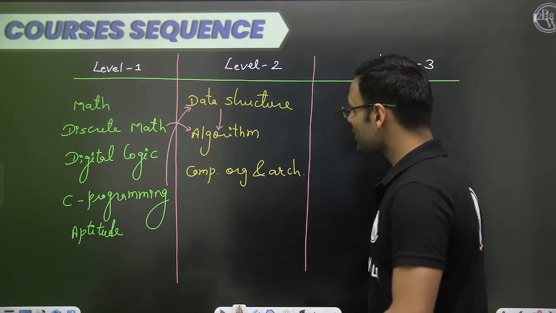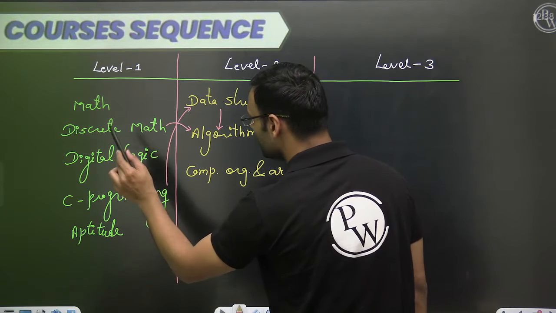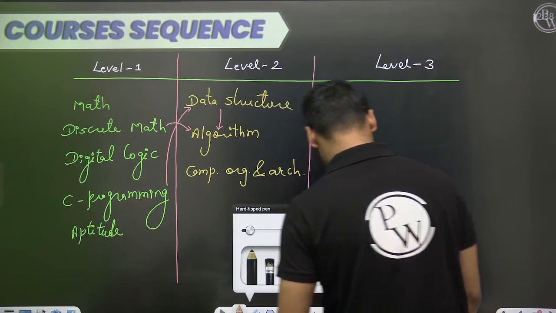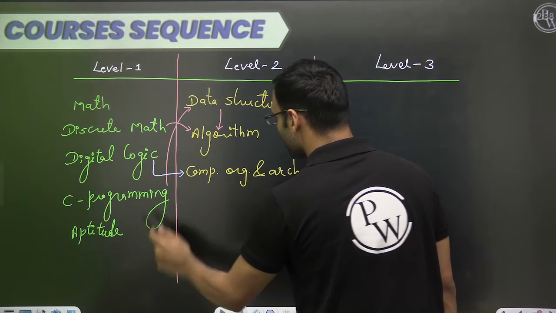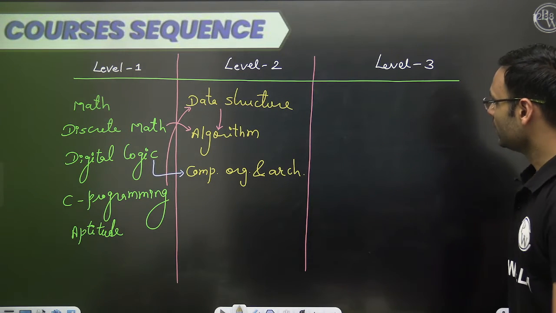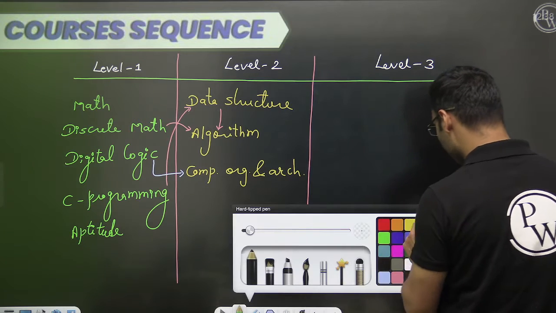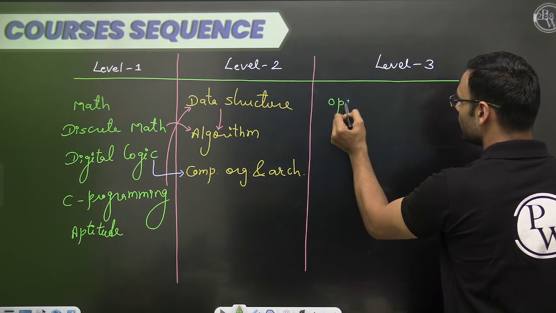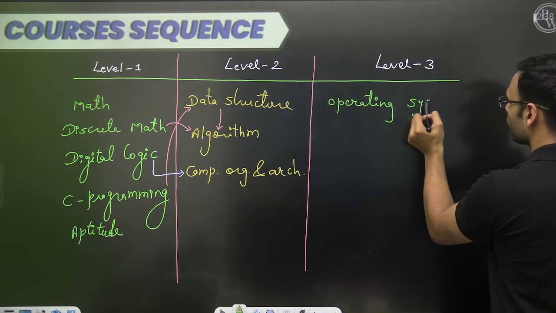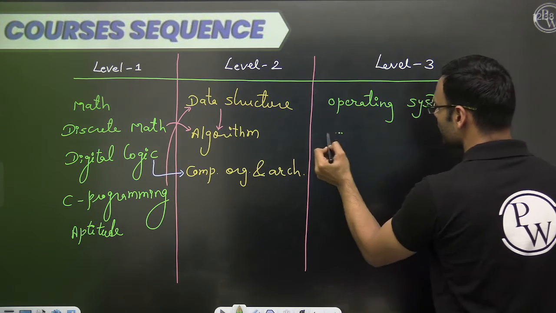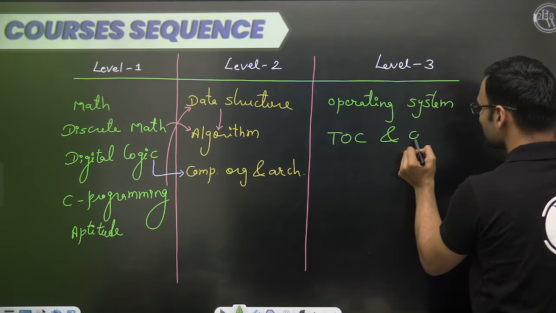Then computer organization and architecture, of course, you should learn after the digital logic course. Once the digital logic course is over, then only go for computer organization and architecture. Now, the next level courses you have are operating system, OS, then theory of computation, TOC, and compiler design.